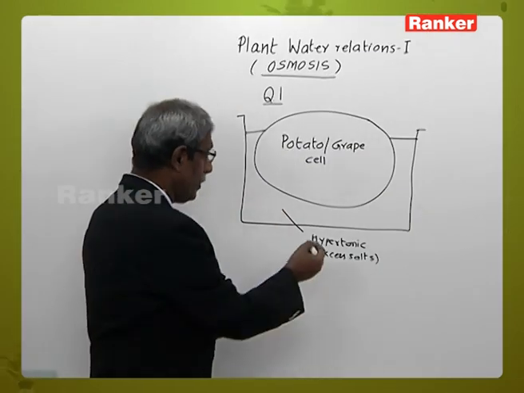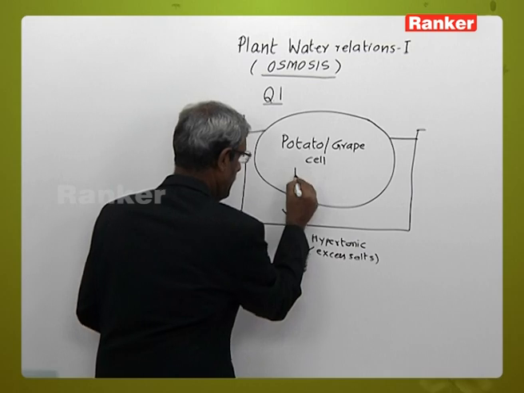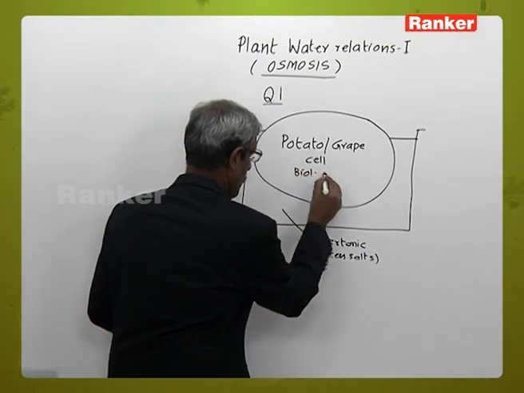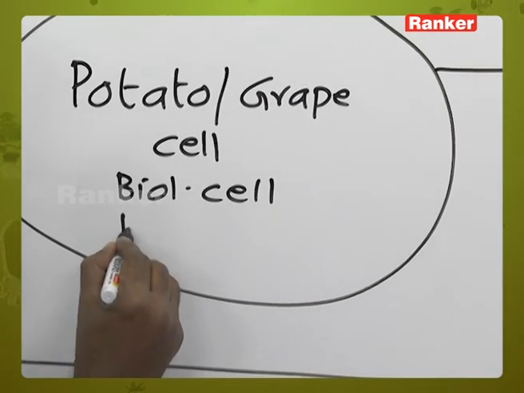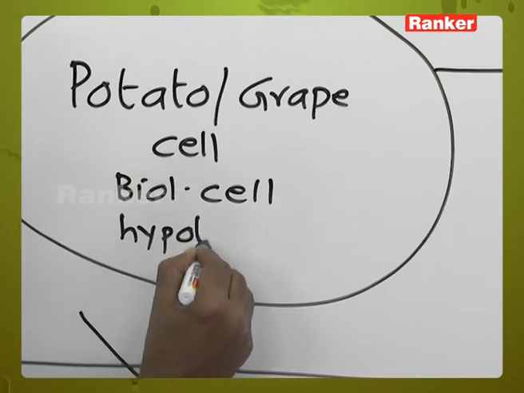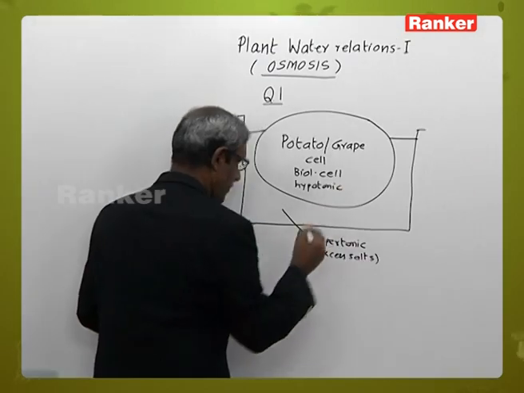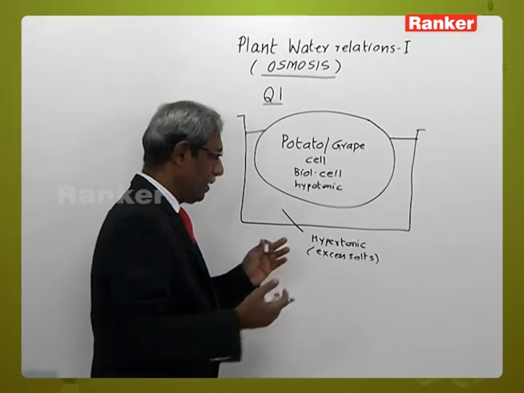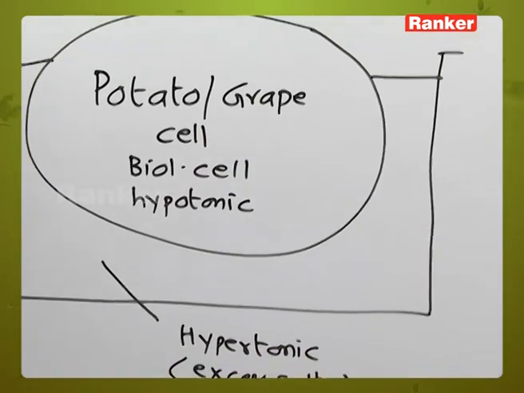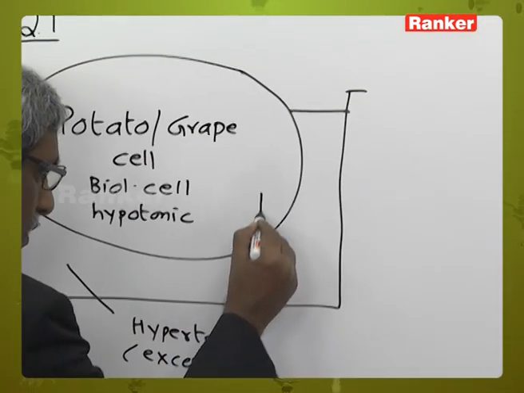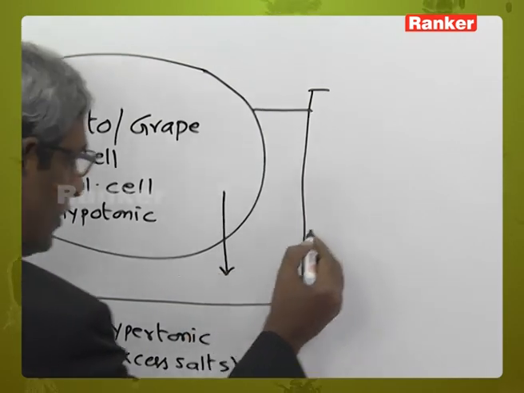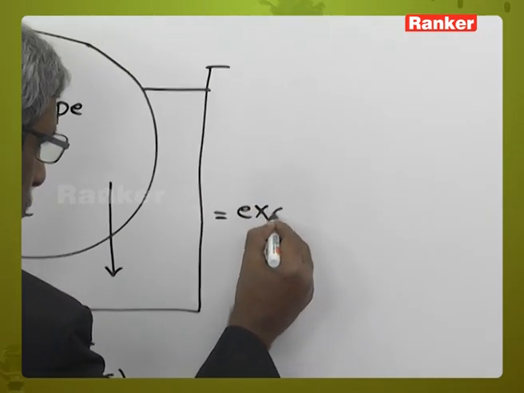So, when you immerse a biological cell, the biological cell by nature is hypertonic, and when you immerse it into a solution which has a higher concentration, there is always flow out, which is termed as exo-osmosis.